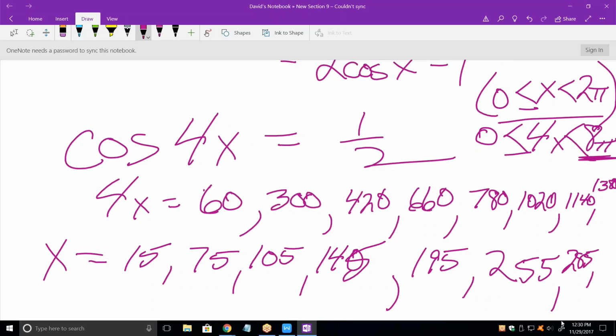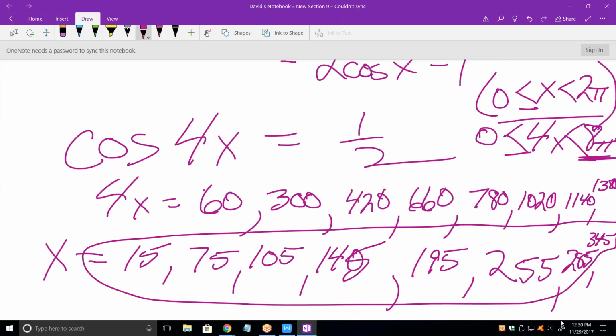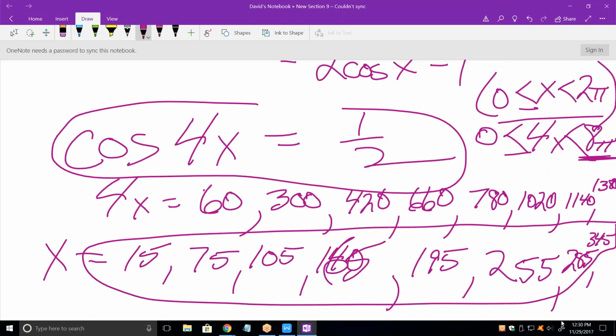That's 1380 divided by 4. 345. There are your 8 answers. Notice that every one of them is inside the unit circle. 660 divided by 4 is 165. Ah, okay, instead of 145. Yeah. Okay. So that's the way you handle these kinds of problems.